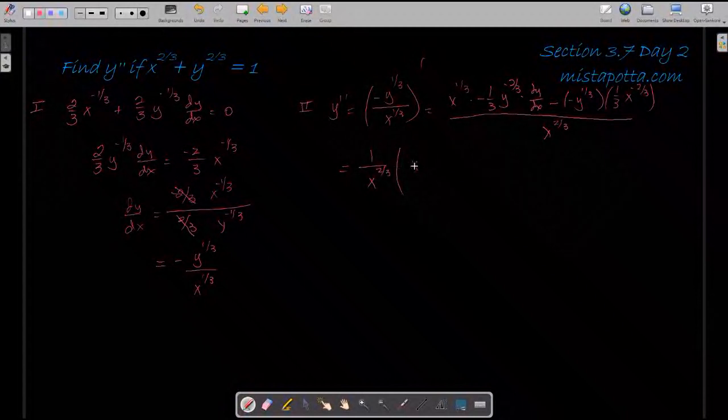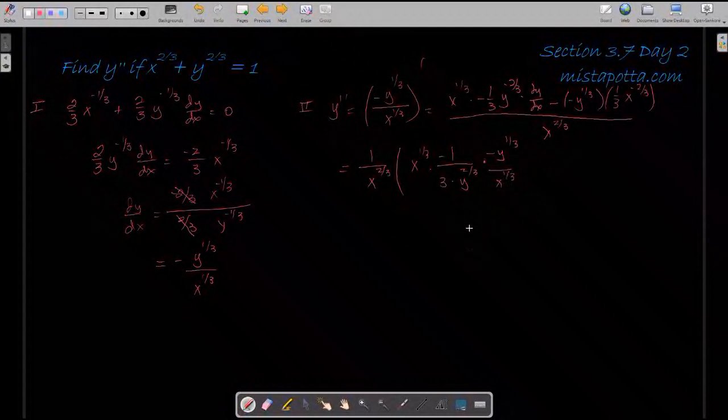So I'm going to have x to the 1/3 times negative 1 over 3 times y to the 2/3, because that 2/3 makes the y go in the denominator, dy/dx, but dy/dx is this fraction here, negative y to the 1/3 over x to the 1/3.